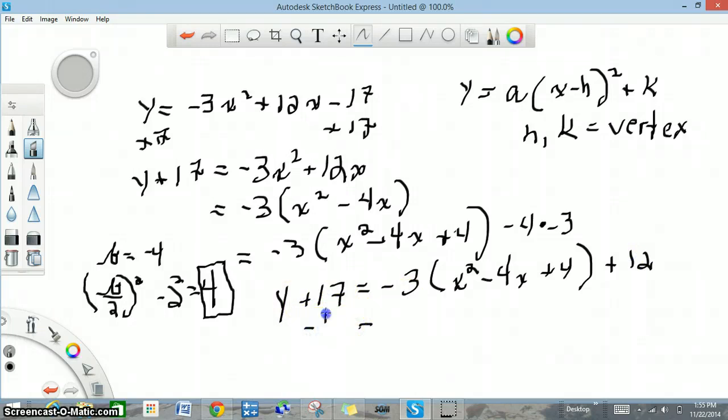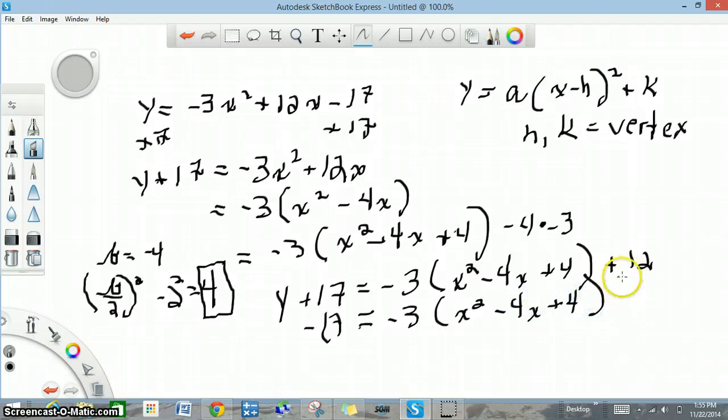we may as well subtract our 17. So we have negative 3 times x squared minus 4x plus 4, and if we subtract 17 here, we have negative 5. Finally, we're going to factor this quadratic. And by adding 4, it's going to allow us to factor.